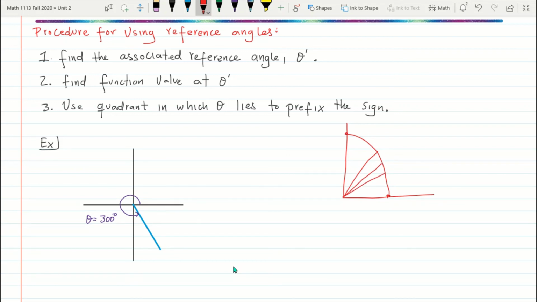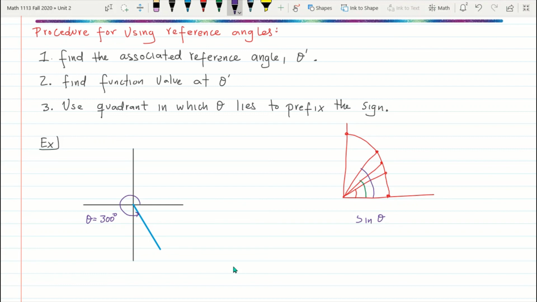So these are different points that have different angle measurements, like from here to here, from here to here, and each one of them is going to have a different value depending on the function.